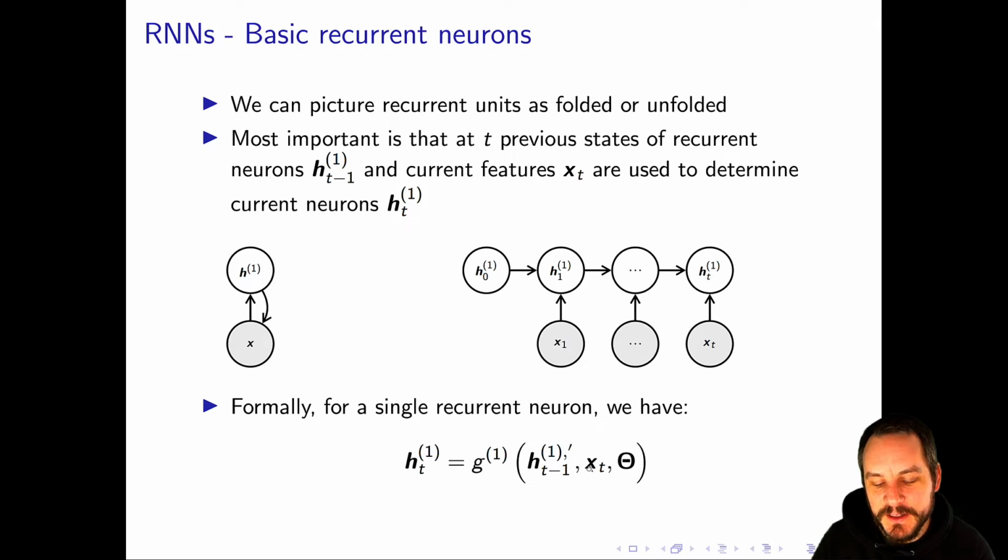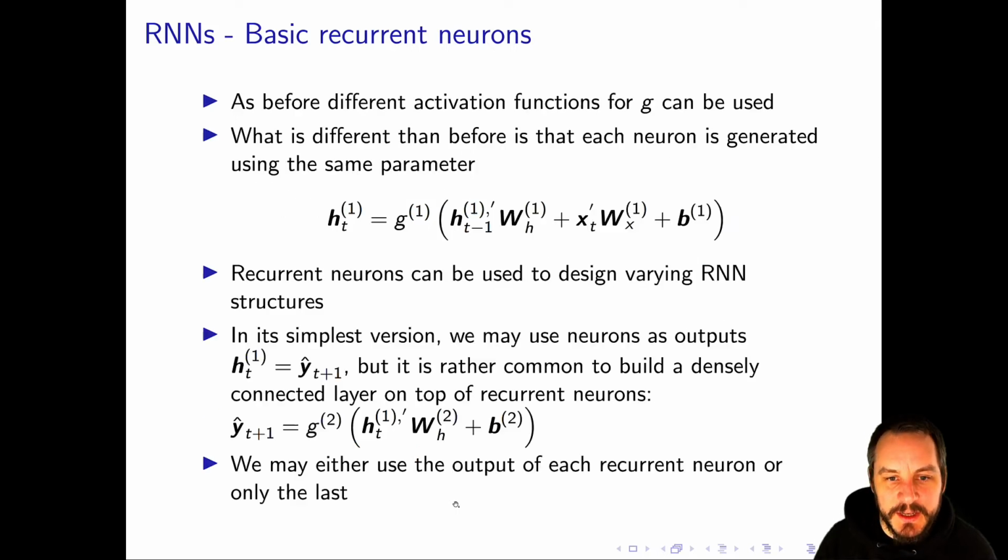Then the current state, which is provided by the feature variable, and we again use some parameter values. Whatever we're doing here is very similar to forward neural networks, basically typically affine transformations, which can then be transformed by an activation function of your choice, and this generates the hidden state at time step t.